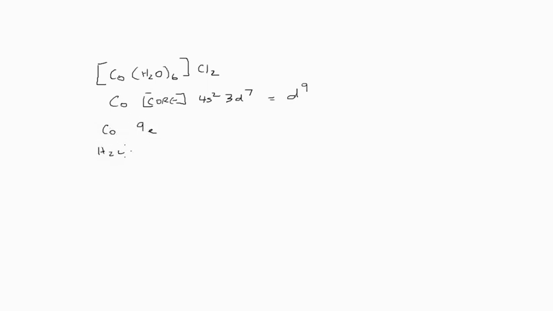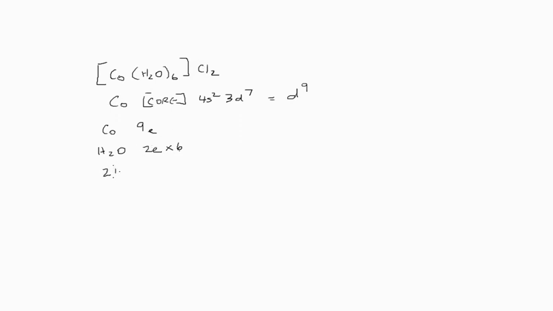For the water, each water is a 2 electron donor. Remember, oxygen has lone pairs of electrons around it from its Lewis dot structure, and one of those pairs can donate towards the metal center, and we've got 6 of them. And then we have, in this case, outside the brackets, the outer sphere chlorides.